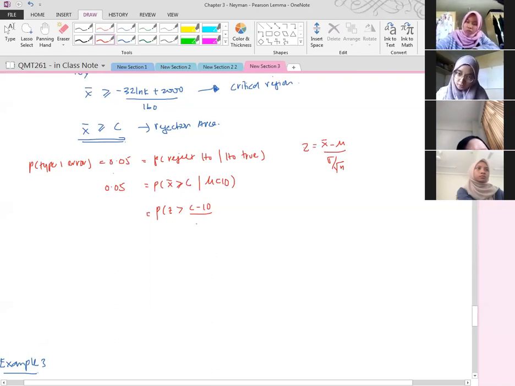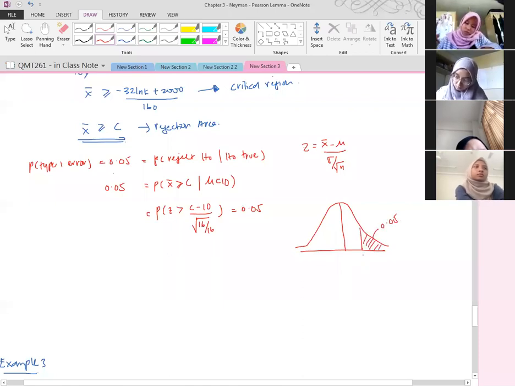Sigma squared is equal to 16, so sigma is square root of 16 over 16. Sample size also is equal to 16, so this should be equal to 1. It is equal to 0.05. We want to find the value on the right hand side, because it is the probability of more than. We want to find the value of C.